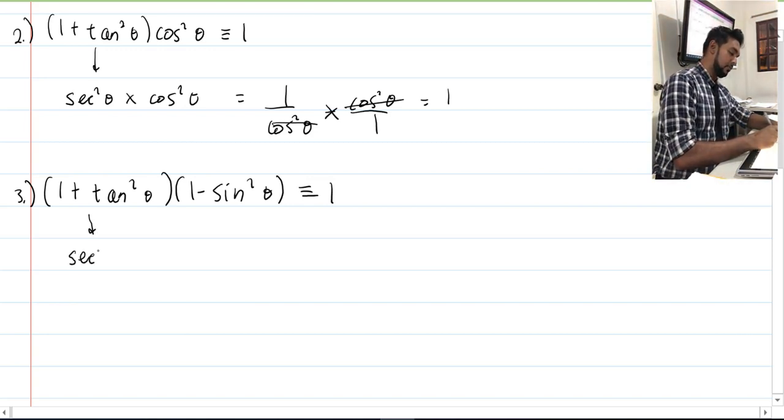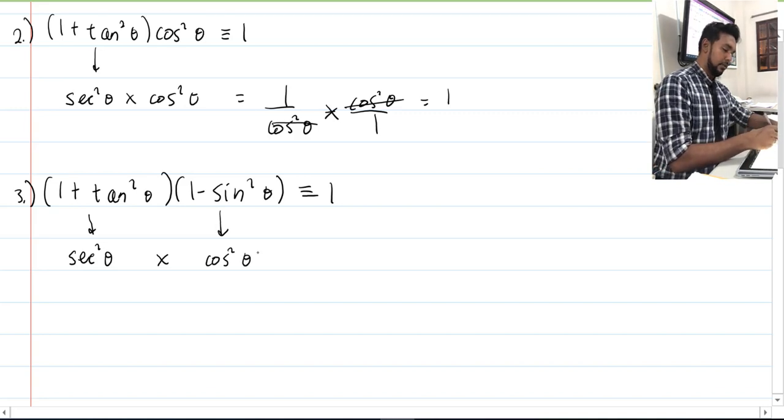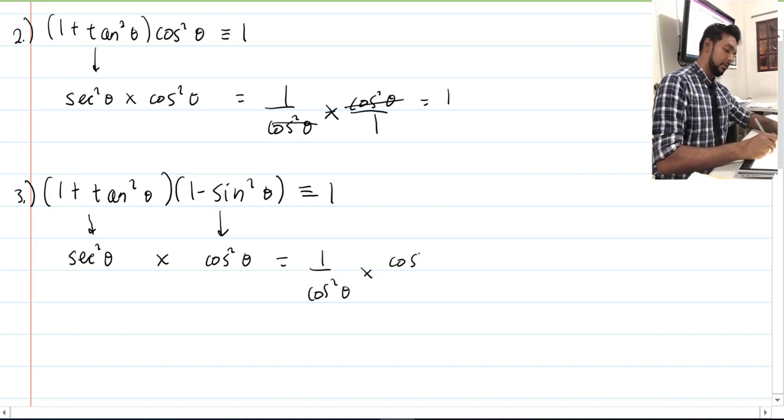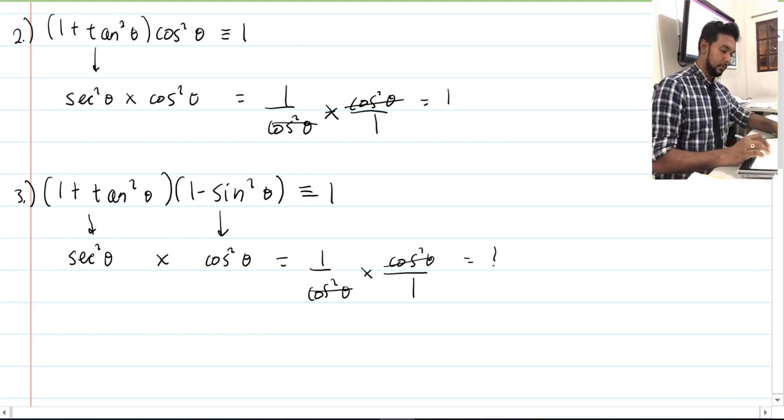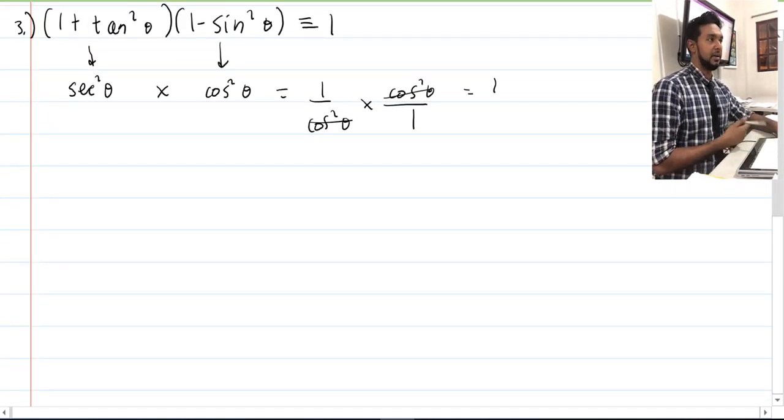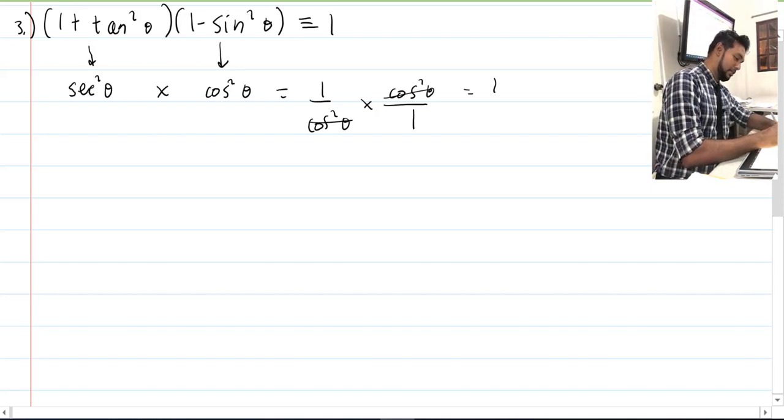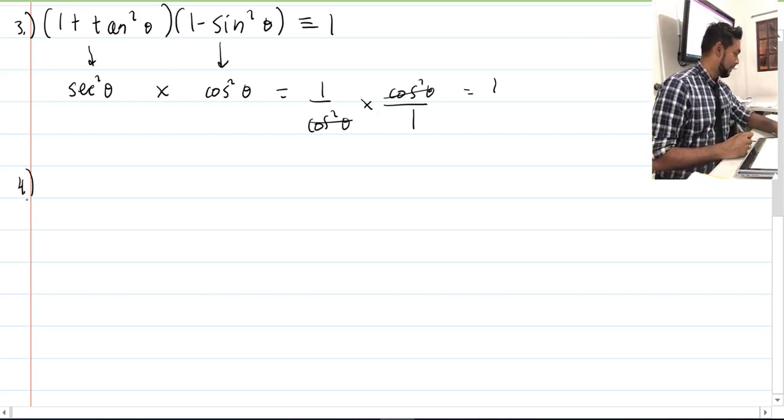Sec squared, right? And 1 minus sine squared is cos squared. And this turns out to be the same problem from above. So we just end up with, once again, 1 over cos squared theta multiplied by cos squared theta. That will cancel with itself, giving us 1. Alright, so could you imagine expanding that using distributive law and then simplifying it? Well, I did. And I didn't have to.